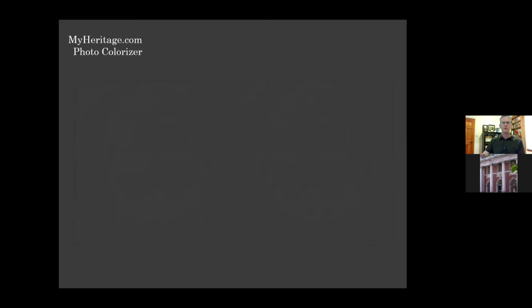So another example of a tool that they have is their photo colorizer tool. And now I have to say, I love the original sepia tone photos, and I actually probably prefer those, but it is interesting to see photos colorized sometimes, and I find that it makes them more interesting to people who maybe aren't as fascinated by old photos as I am.